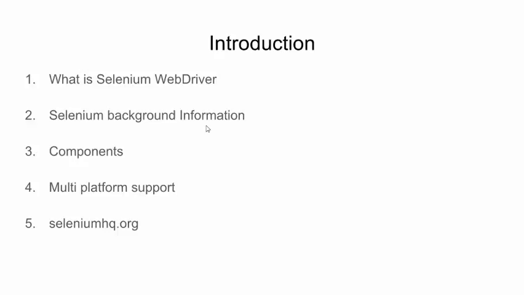Selenium has very wide support for different languages. You can use the C# language, and you can use Java, which is a very popular object-oriented programming language that can be used for creating Selenium WebDriver scripts.